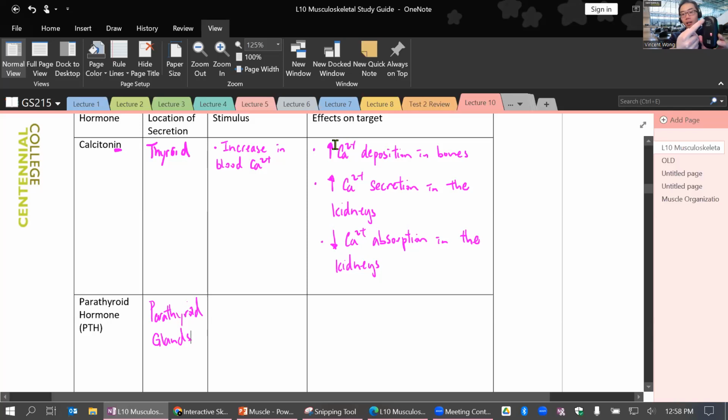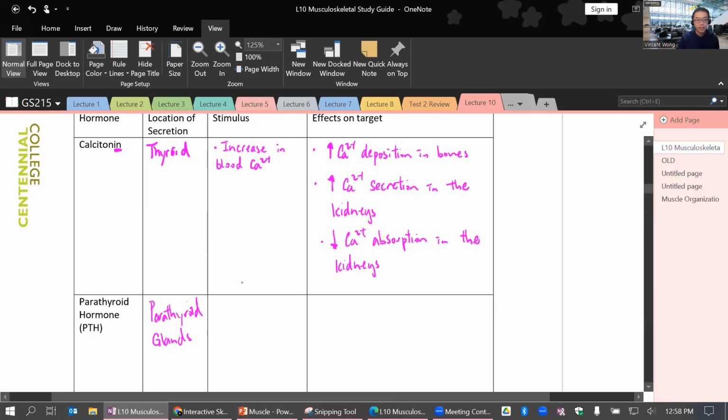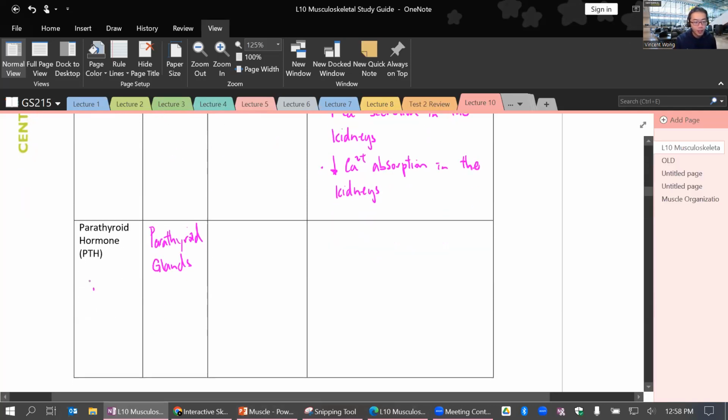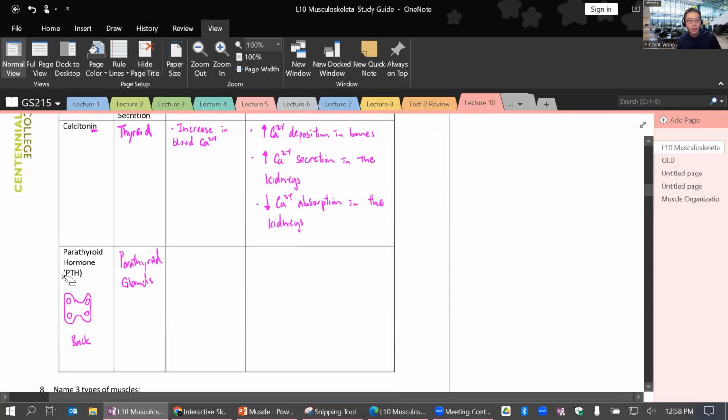They would be right here: 1, 2, 3, 4 parathyroid glands. So the thyroid gland looks like this, and if I'm looking at it from the back, 1, 2, 3, 4. That's your parathyroid glands. And the trigger for PTH would be not enough calcium, a decrease in blood calcium.